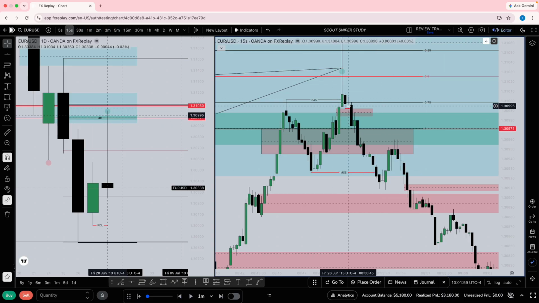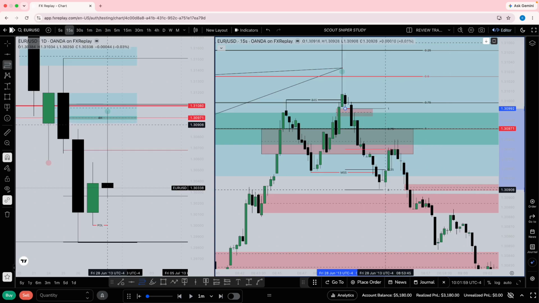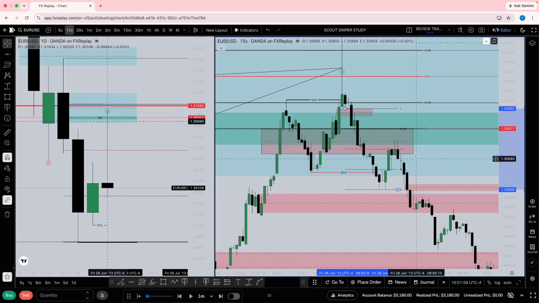What we can do now, right, is this. We can take this, look at the change in state of character right here, and bring this from the change in state of character down to the swing low that formed after this high was put in. Boom.